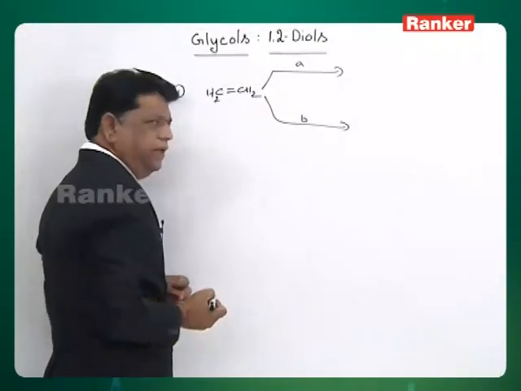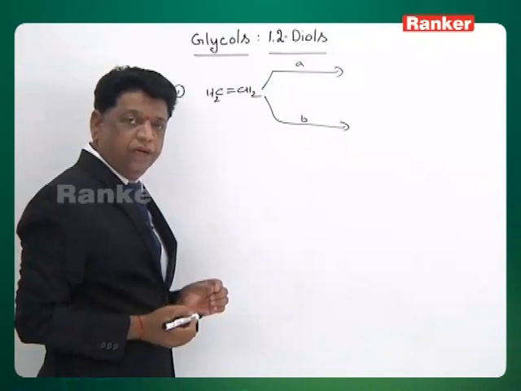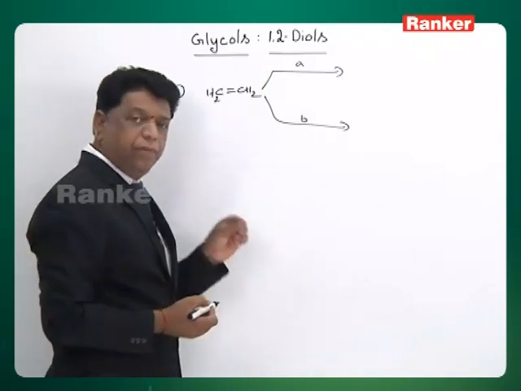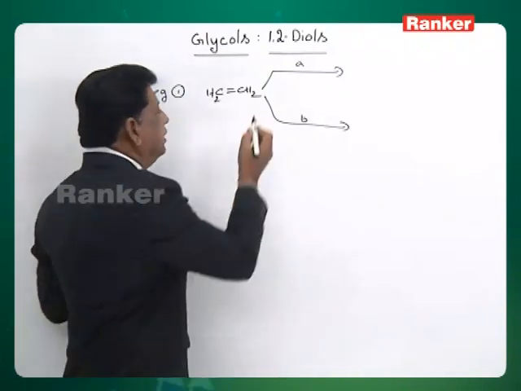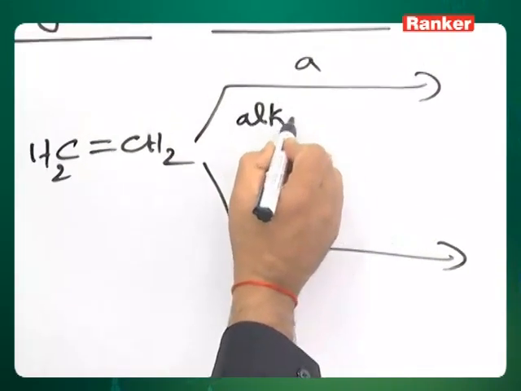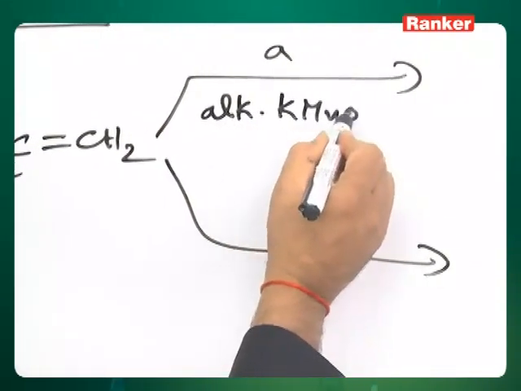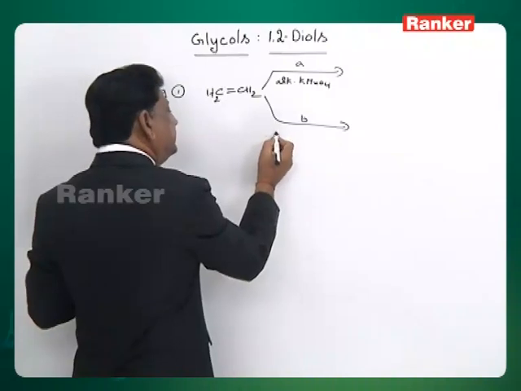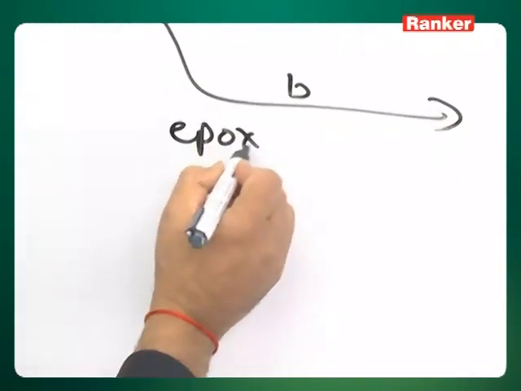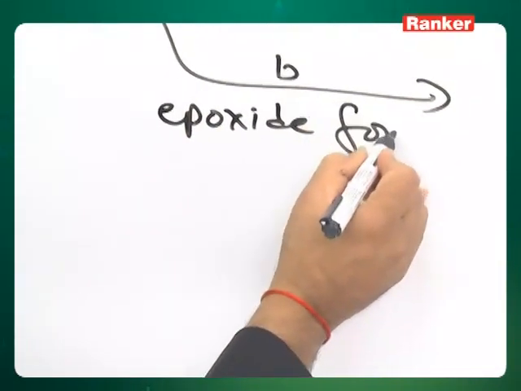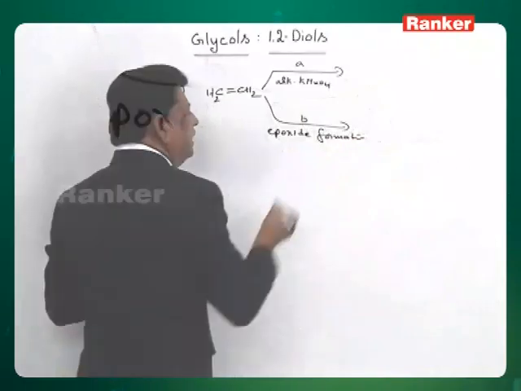What is that A method? A method is alkaline KMnO4, as I said. B method is making an epoxide followed by hydrolysis. This is the first, epoxide formation. Epoxide formation can be done with different reagents.